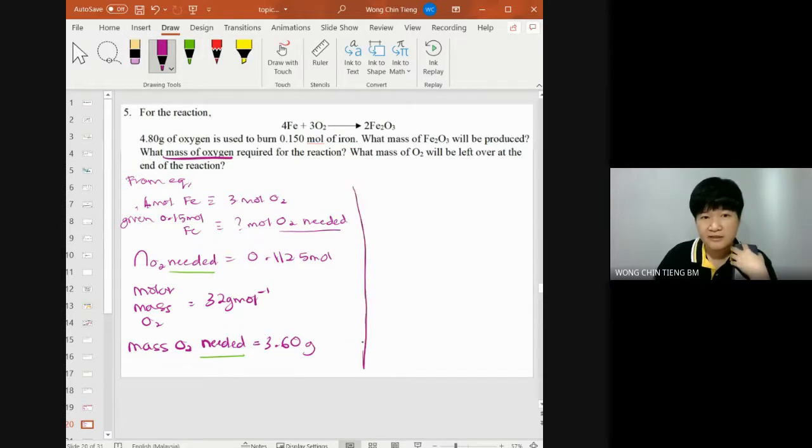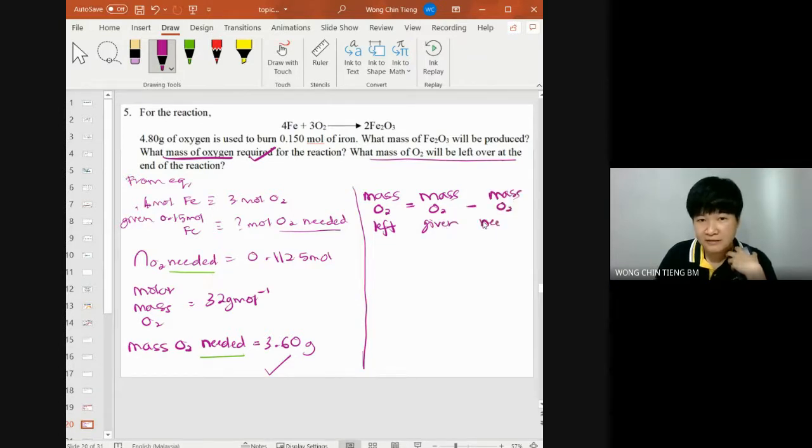And question asking also from the excess. Ni adalah soalan pertama. Mass of oxygen required. Dah dapat 3.6 gram. Dapat makan dah? Soalan minta leftover. Leftover means mass of O2 left. Mass of O2 left will be mass of O2 given tolak dengan mass of O2 needed.